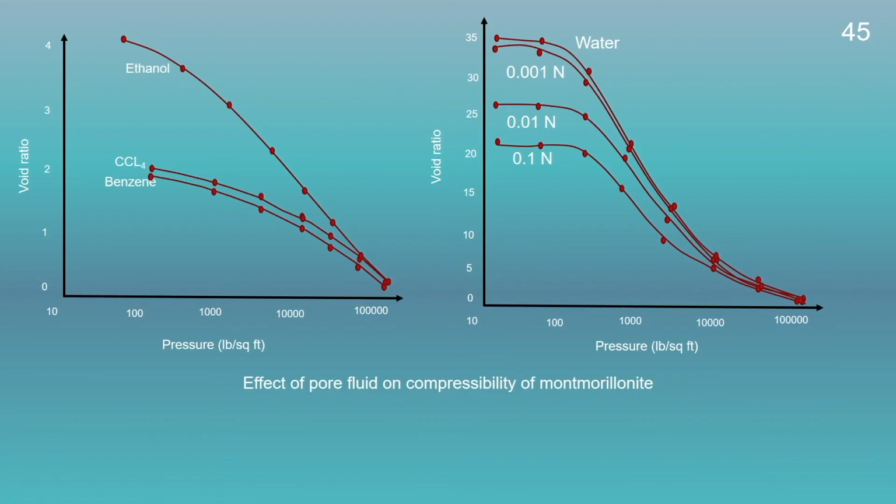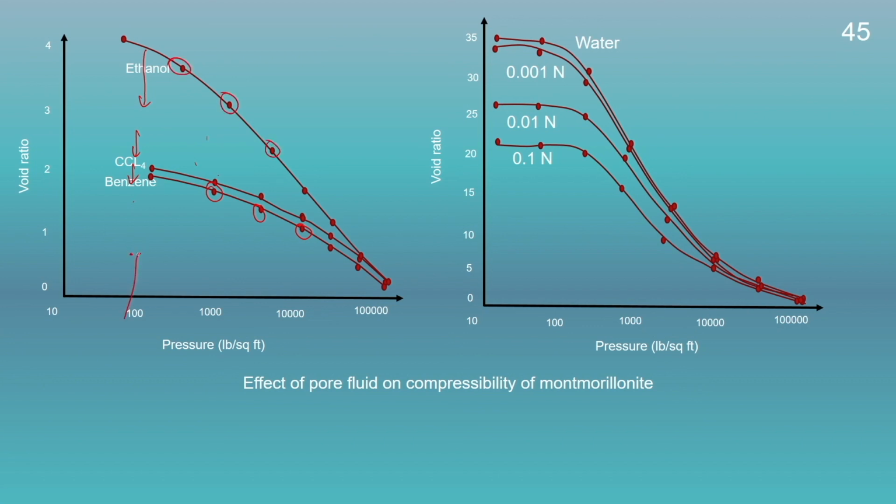Now, if we compare the compressibility behavior of montmorillonite in the presence of different pore fluids, we could see that with decrease in the dielectric constant, the diffuse double layer thickness is decreasing, and therefore, the compressibility behavior also changes. That means, the montmorillonite with a lower value of dielectric constant will have a lower value of void ratio in comparison to a higher value of dielectric constant.